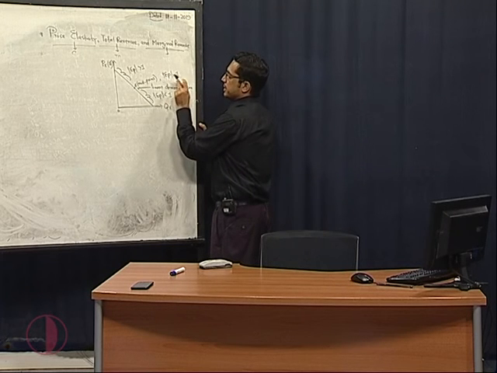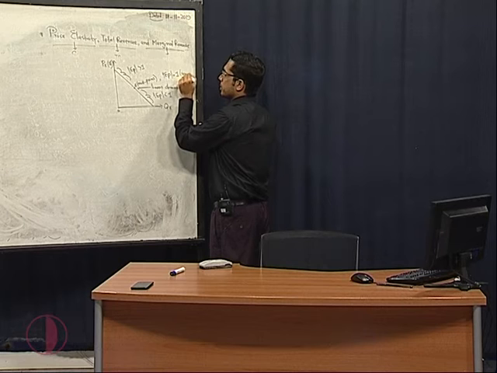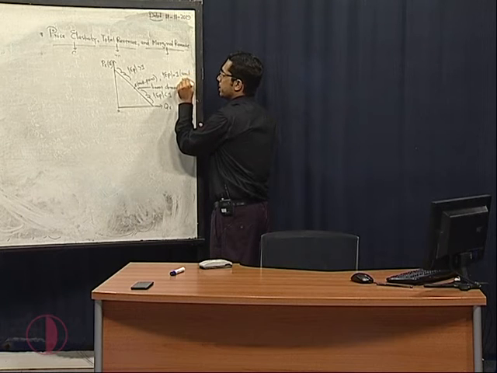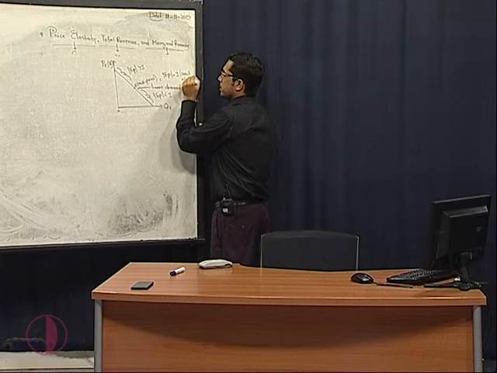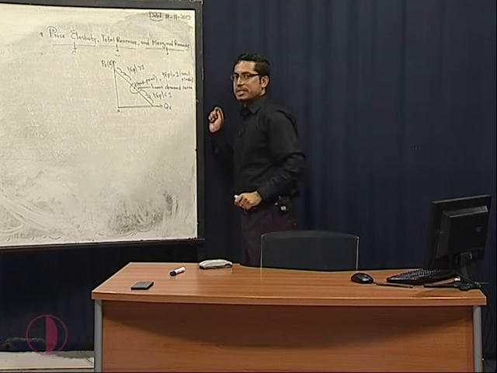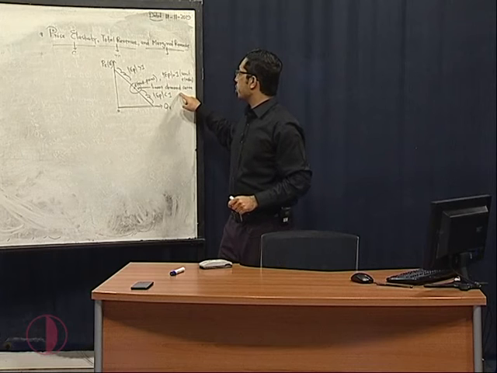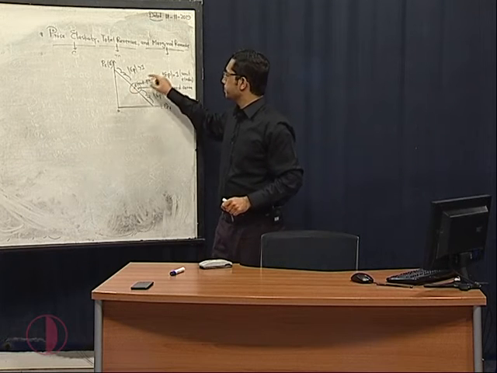So, if this value is equal to 1, it means unit elastic. At point A, the value of the elasticity will always be equal to 1 in the case of a linear demand curve.